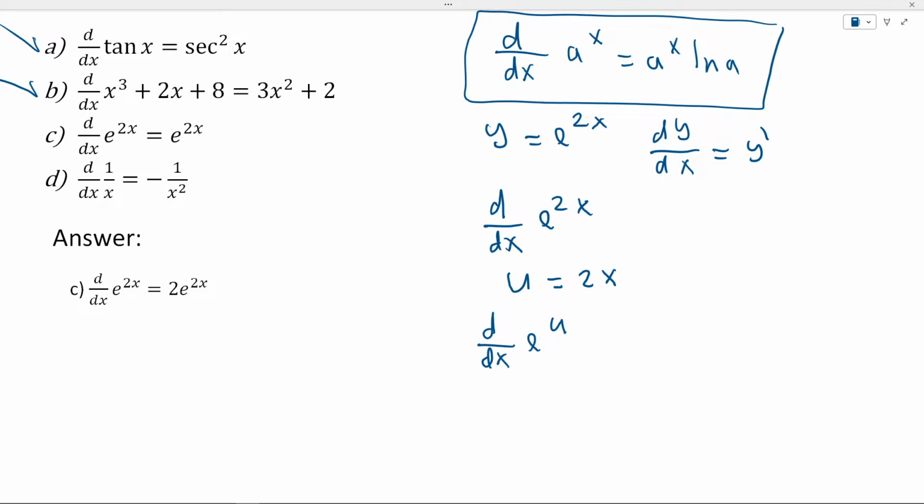Now I can apply my rule very easily. So that will give me a to the power u times ln a, which is e to the power u, since a is e.